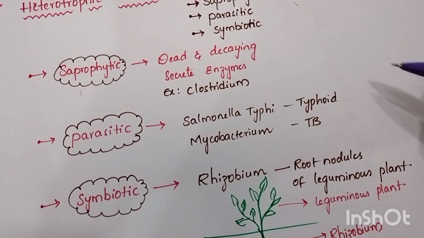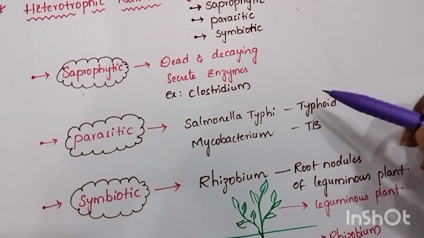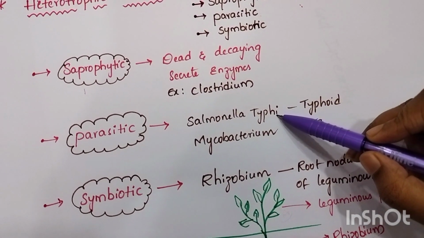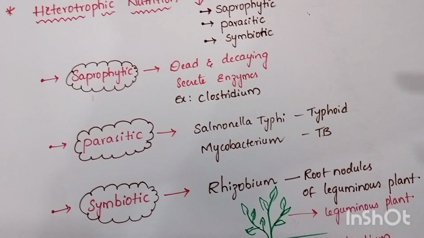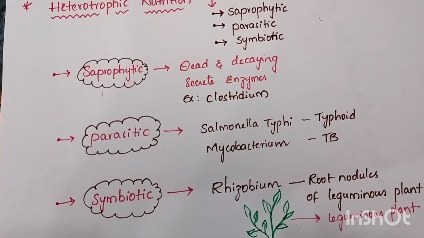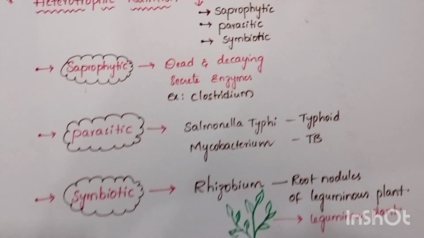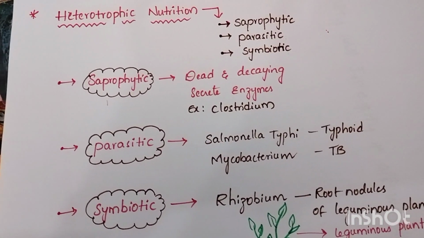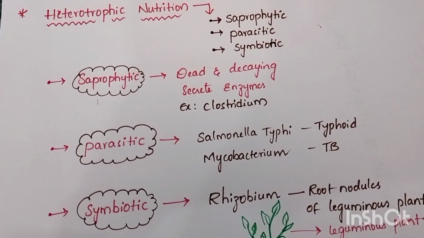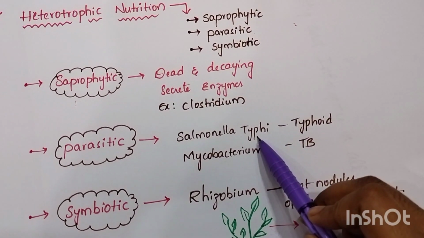For example, the best example is Salmonella typhi. This Salmonella typhi is a bacteria which sometimes gets into our body and we get typhoid, right? The typhoid is caused by this bacteria called Salmonella typhi.